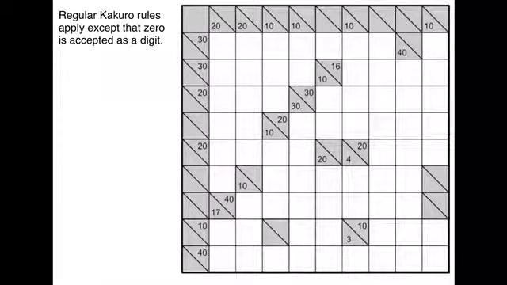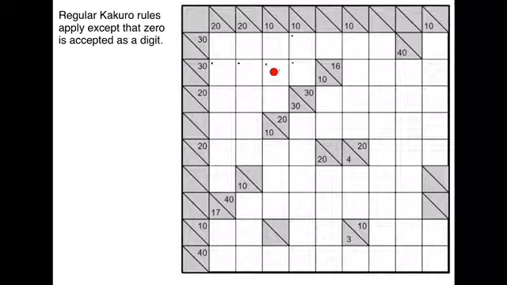And perhaps I'll denote this with this little dot, and it's the same with this 30 clue, because in regular Kakuro the only way to do 30 as a sum of 4 different digits is 6, 7, 8, 9, and with the 0 as an extra digit it's the same, because 0 can only make smaller sums, and 30 is the maximum sum for 4 digits.